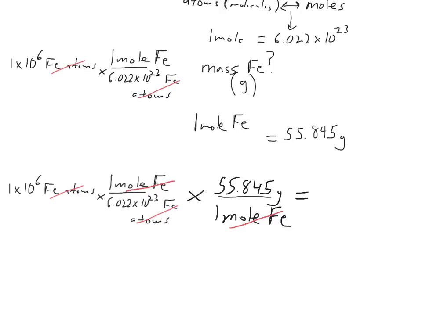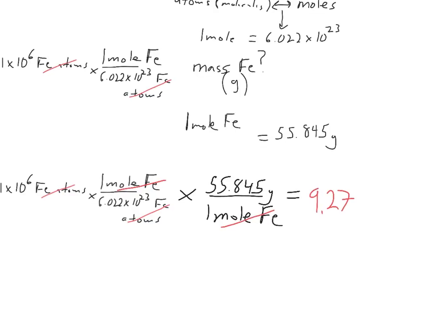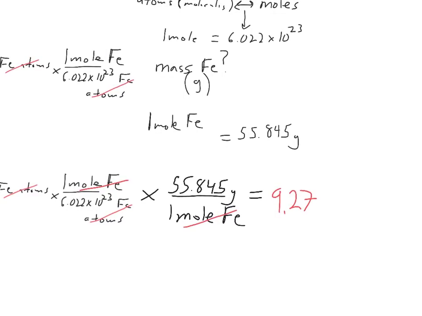Now we can solve. If you do that math, you should get 9.27 times 10 to the negative 17 grams of iron.